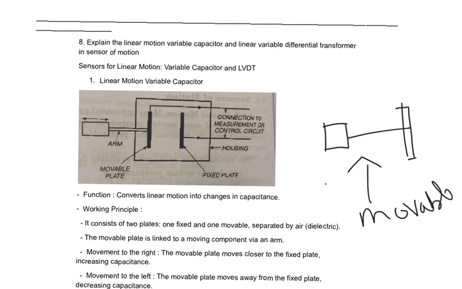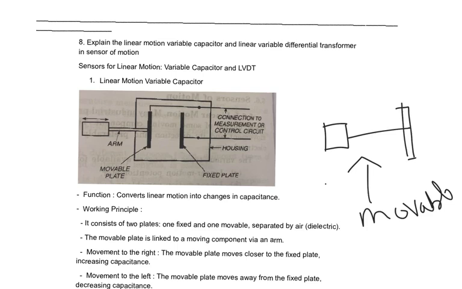When you move the arm, this plate will move towards the fixed plate as well as back from the fixed plate. It consists of two plates, one fixed and one movable, separated by air, which is nothing but a dielectric.